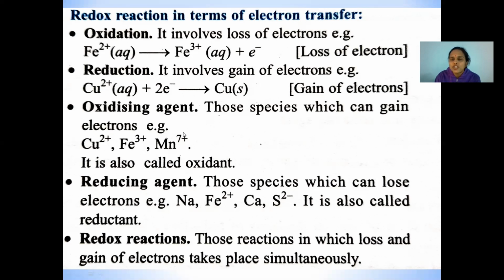And those species which can lose electrons are reducing agents, also called reductants. Examples: sodium, iron in +2 state, calcium, sulfide S in -2 state come under reducing agents. And redox reactions are those reactions in which loss and gain of electrons take place simultaneously.